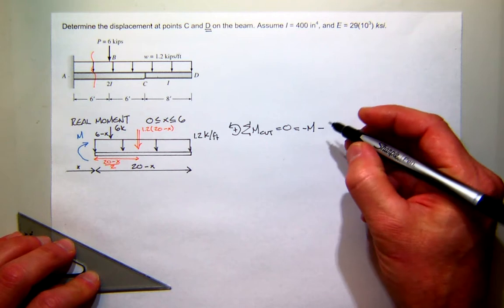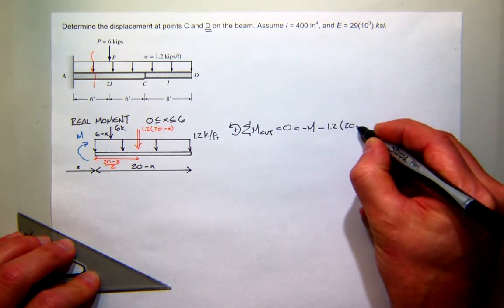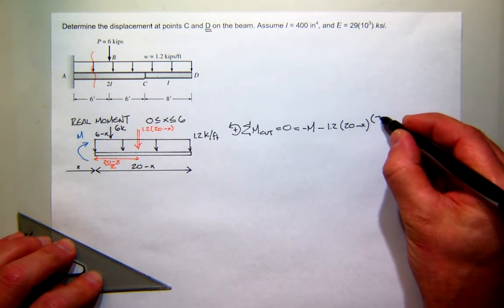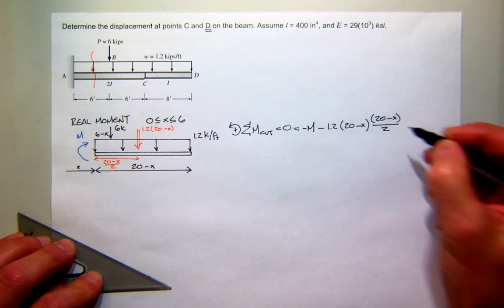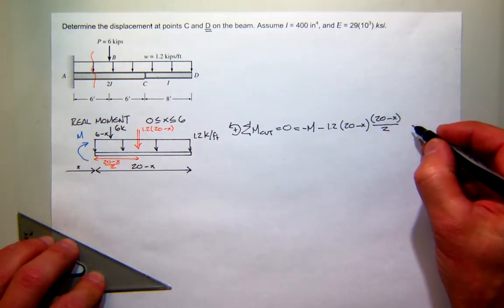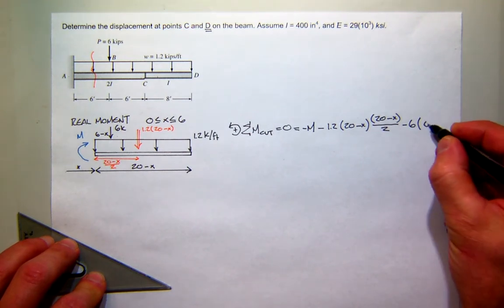It'll be minus the force, which is 1.2 times 20 minus x, times the moment arm, which is 20 minus x divided by 2. Then the 6 kip force, minus 6 times its moment arm, which is 6 minus x.